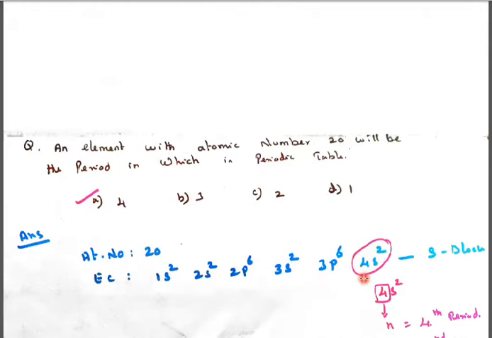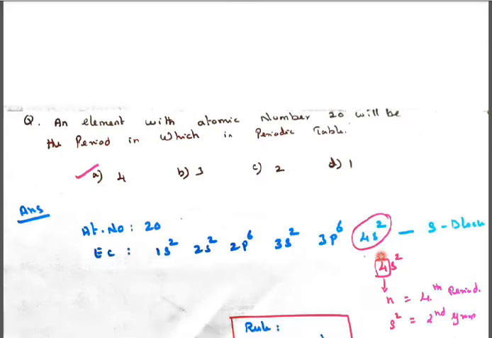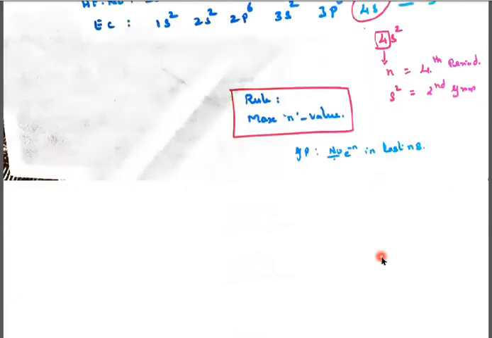So the maximum principal quantum number is 4, and it belongs to the fourth period. We can also find the group number from the last s electrons. The s electrons are 2, so it belongs to the second group.